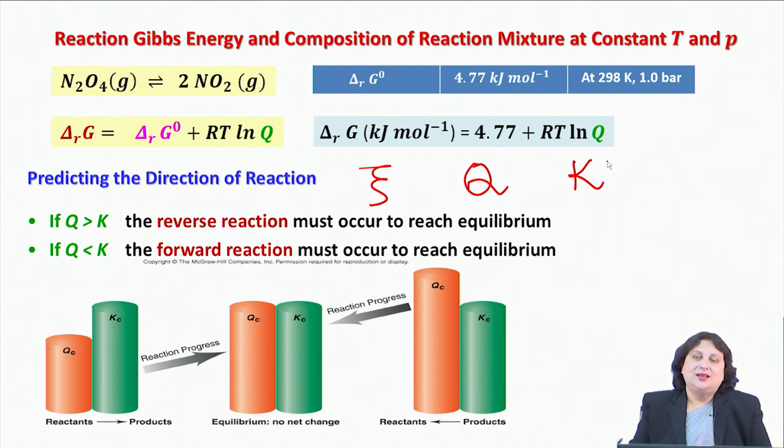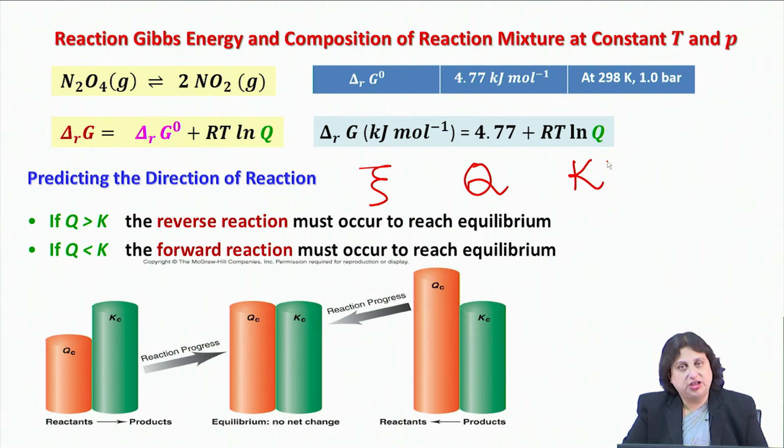So as you see, we have been able to describe the condition of spontaneous change in a chemical reaction and the condition of equilibrium if we have information regarding the concentration of the reaction mixture and the equilibrium constant. Thank you.